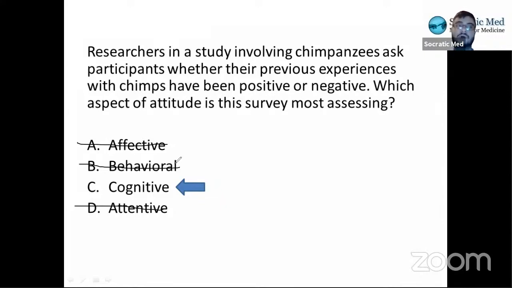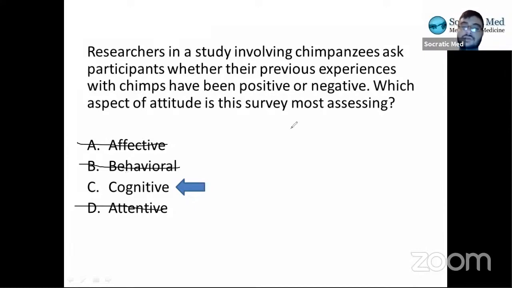If, for example, the only exposure or the previous experience you've had with chimps is very positive, you found them to be very cute, very loving, very nice, essentially, logically you would conclude that you should have a positive attitude towards them because they're nice animals, essentially. And through the cognitive aspect, you would have a positive attitude just based on your previous experience.